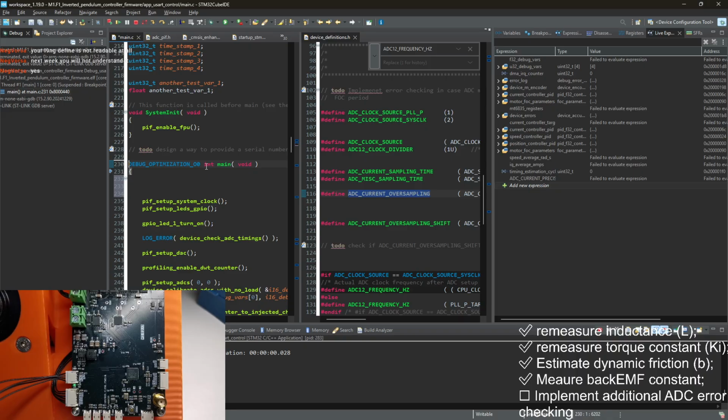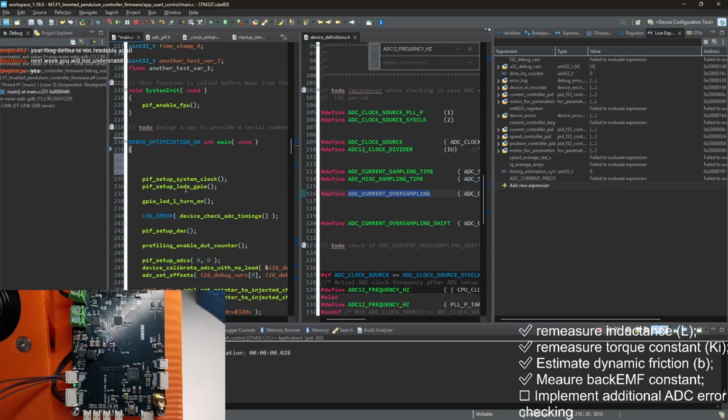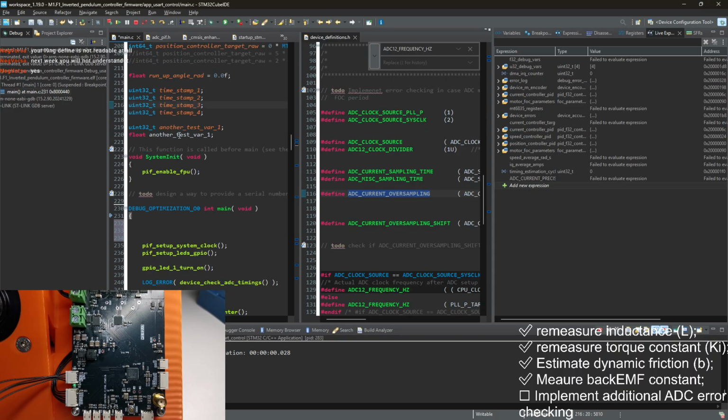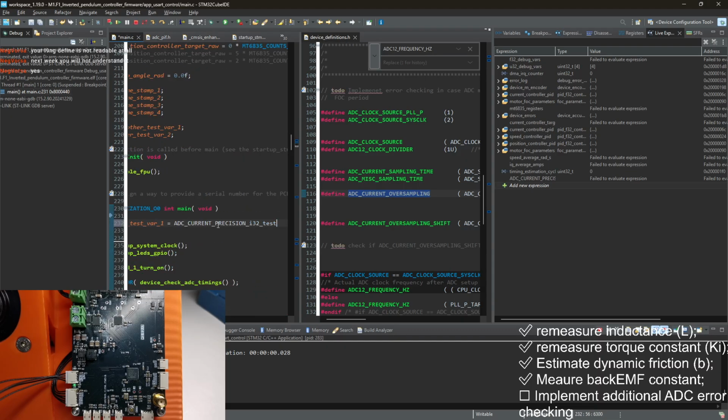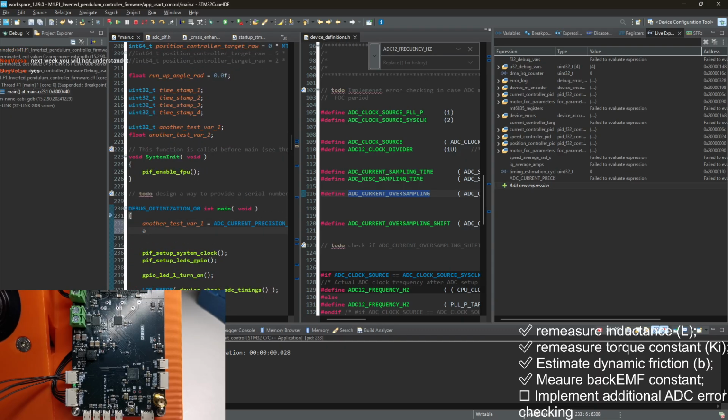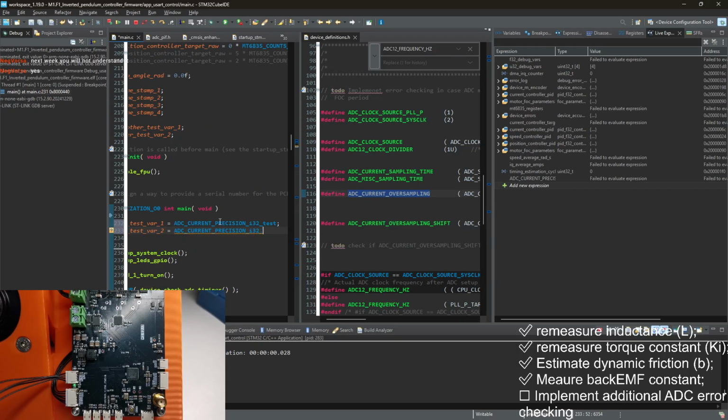This is not needed any longer. Should be 2. And here let's make this equal to that line. Another test var 2 equal to that line, but f32 test.